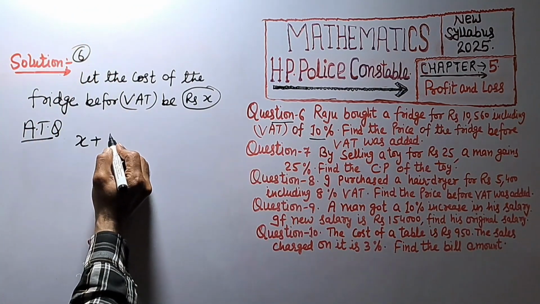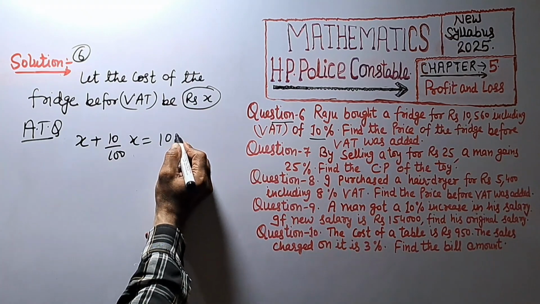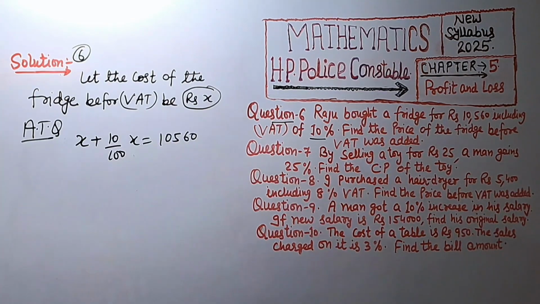According to the question, X plus 10% of X is equal to 10560.